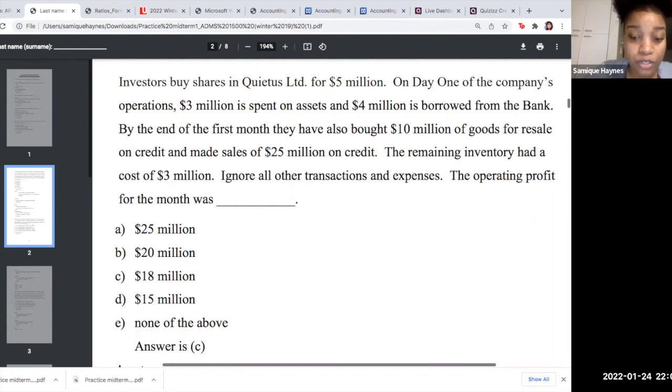And remember, cost of goods sold is opening inventory, add purchases, is equal to cost of goods available for sale, less ending inventory, is equal to cost of goods sold. Do you remember this? So if we have our sales as 25 million, oh, you cannot see what I'm typing?